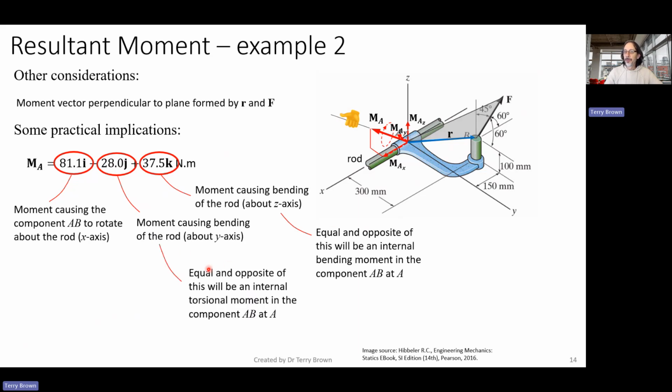And similarly, we've got an equal and opposite of this moment causing bending of the rod. There'll be an internal torsional moment. So if we grab this sticking out here, that's going to cause a twisting of that flat plate that we'll need to take into account when we're designing the size of this component.